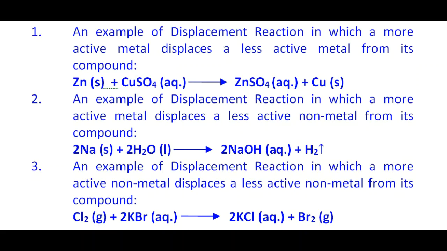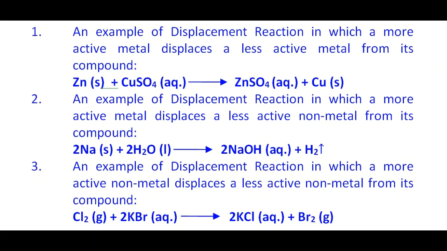The third kind of displacement reaction that can happen is where a more active non-metal displaces a less active non-metal from its compound. Here you see chlorine gas and potassium bromide in its aqueous solution.